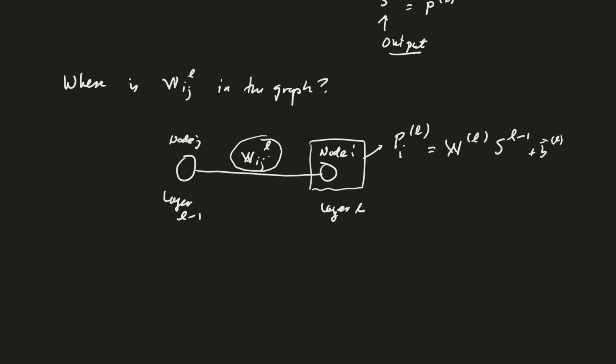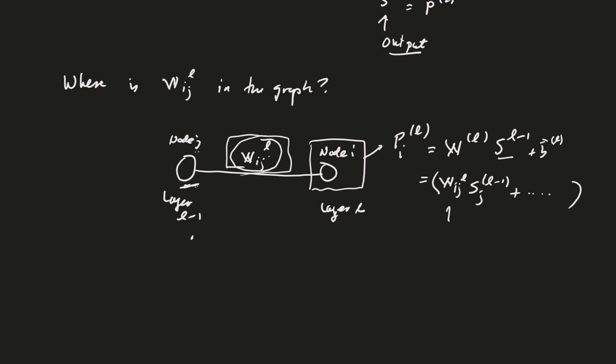One way to do that is to think of this as Wijl times what part of S? Well, if I look over here, this is just going to be the jth node of layer l minus 1. That's the only one that this is going to touch, right? So this is just going to be Sj^(l-1) plus a bunch of other stuff.